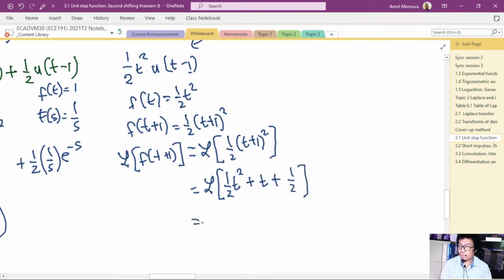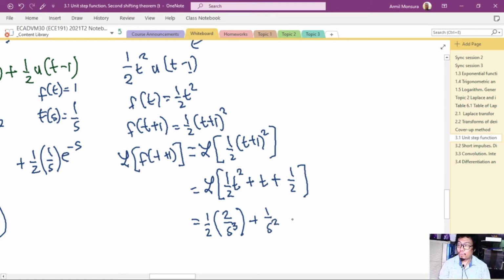Then its Laplace transform: the Laplace transform of t squared is 2 over s cubed. So 1/2 times 2 over s cubed. Then plus the Laplace transform of t, which is 1 over s squared.